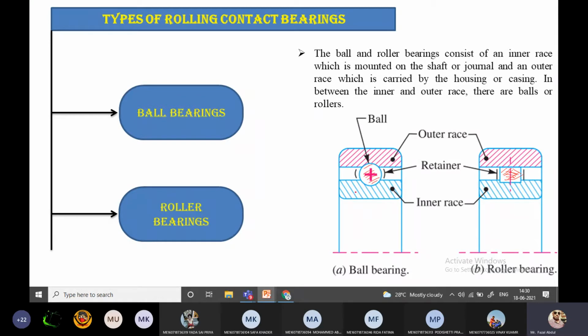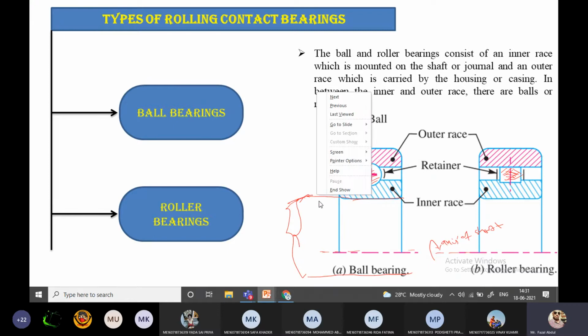That inner surface is going to be mounted on a shaft. So this is the axis of the shaft. Okay, so this is the shaft. Just wait.